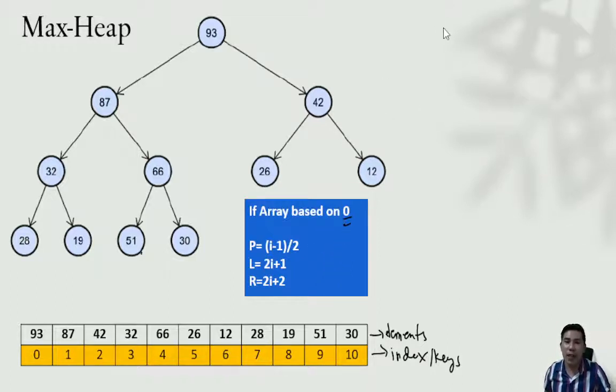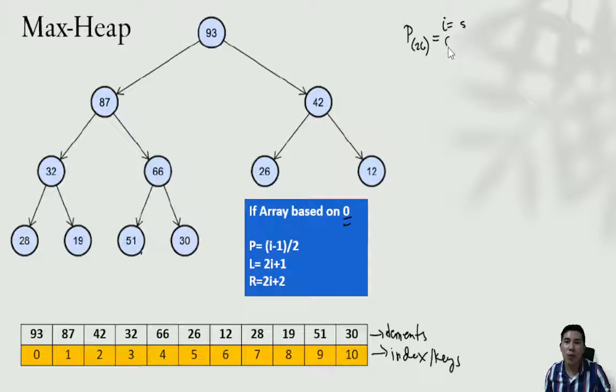So right here, for instance, let's look for the parent of 26. We use the formula (I - 1) / 2. The index value of 26 is actually 5.